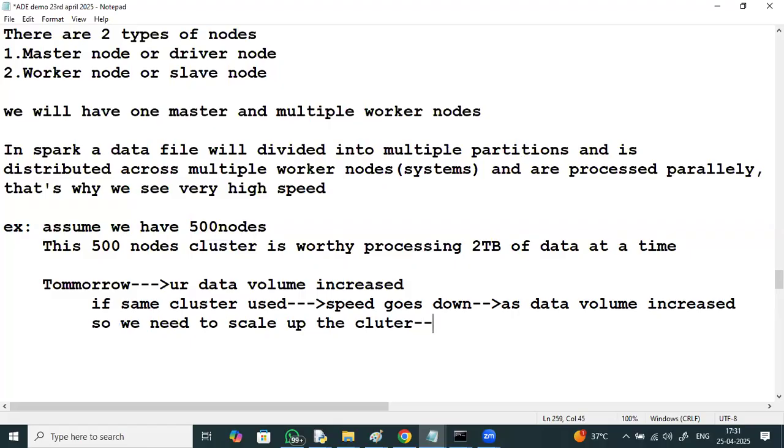How will you scale up the cluster? By adding new nodes. New nodes means new systems.